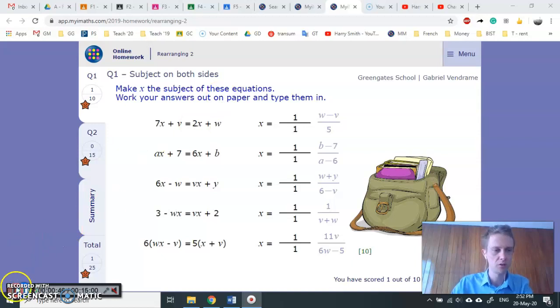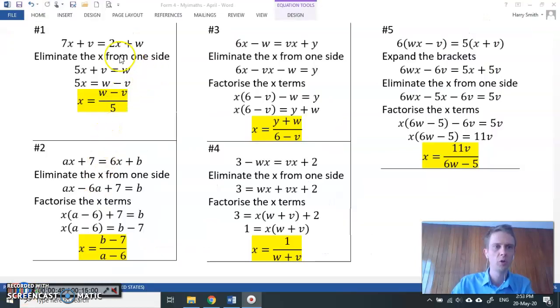On questions 1, 2, 3 and 4, you should notice that the first step every single time is eliminate the x from one side. On example 5, we have to expand the brackets first before we can do that.